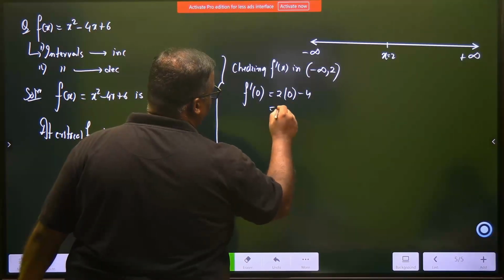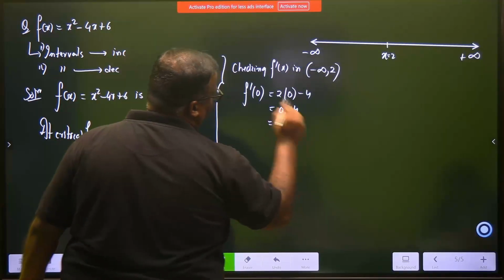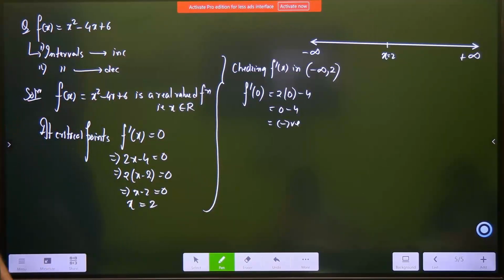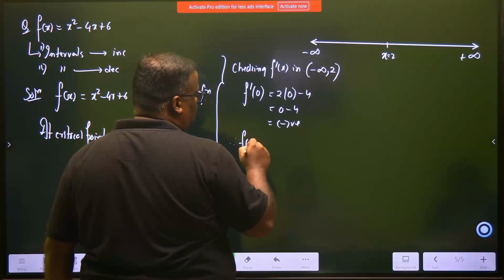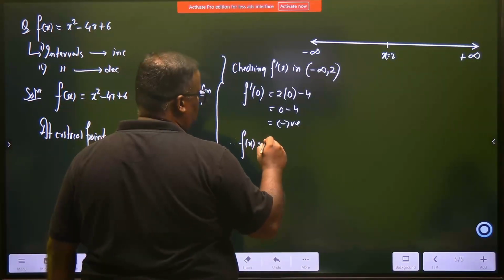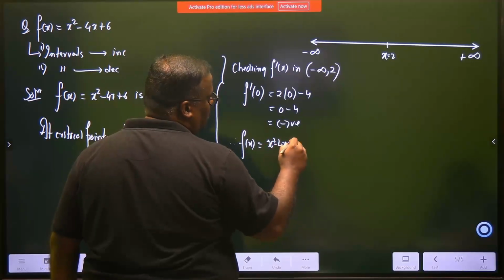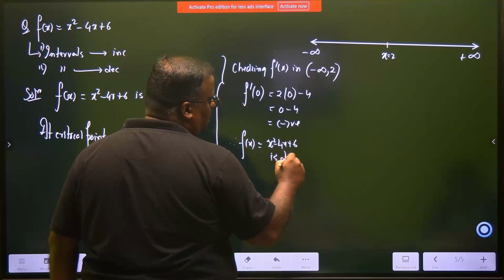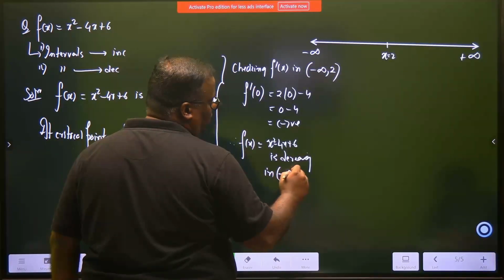How much is it? 0 minus 4, which is negative. Got it? Therefore, f(x) equal to x square minus 4x plus 6 is decreasing in negative infinity to 2.